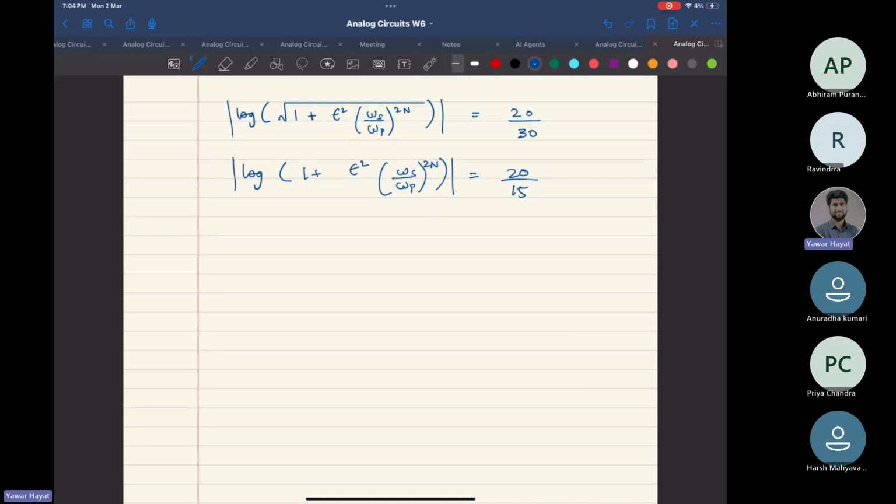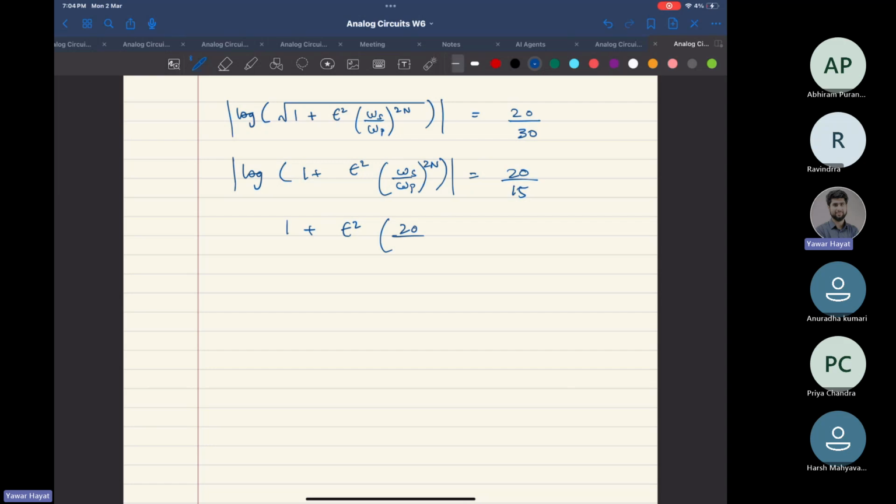If we cannot use that, we can anyway do what we did previously, right? 10 log of 1 plus, or I should say directly, 1 plus epsilon square omega s by omega p. What is omega s by omega p?